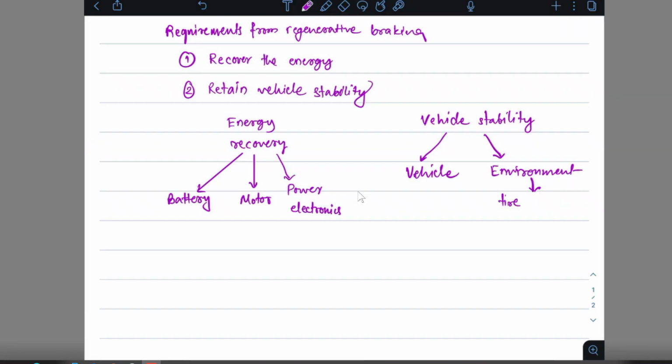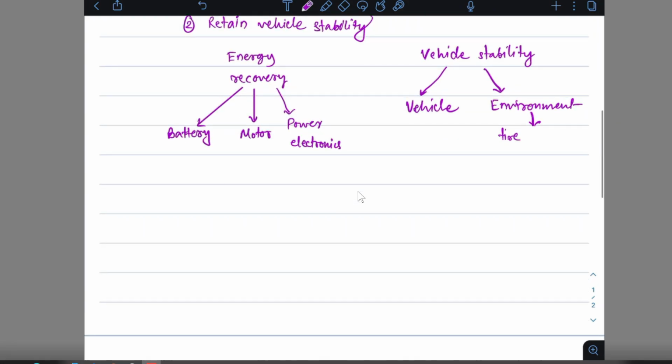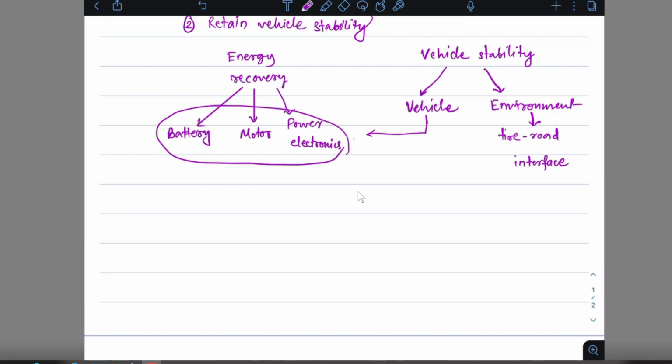Alright, so when we are discussing vehicle stability in terms of environment, we have the tire road interface. And in the vehicle aspect, it would encapsulate all these 3 points.